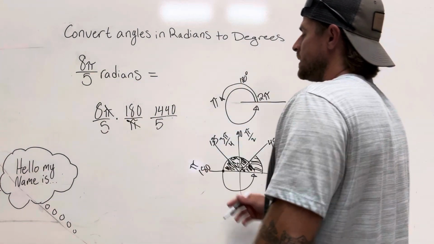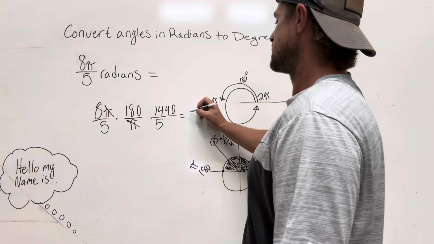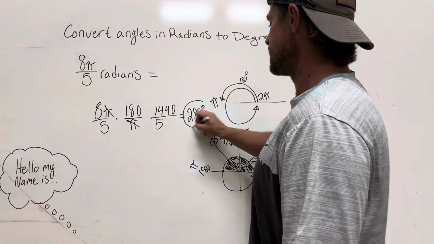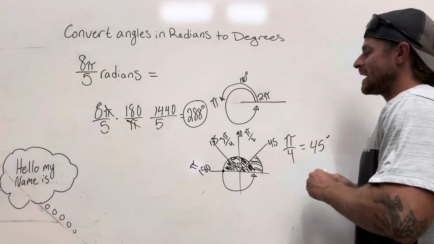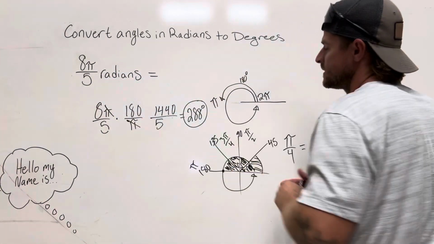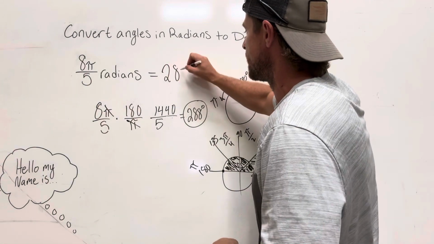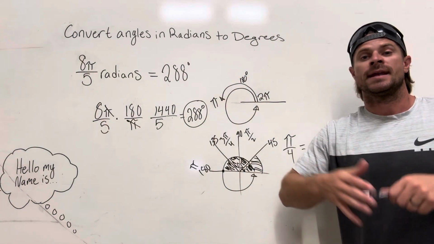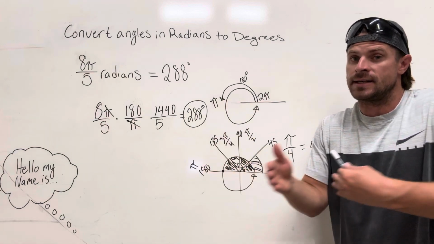Divide this out, we're going to get 288 degrees, I believe. So what that's telling us is that 8 pi over 5 radians is equal to 288 degrees. Okay?